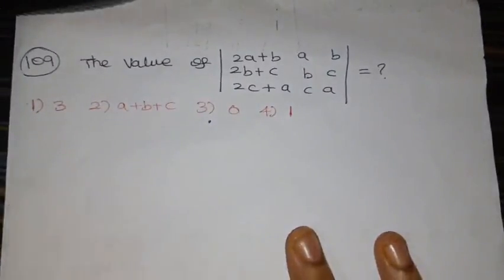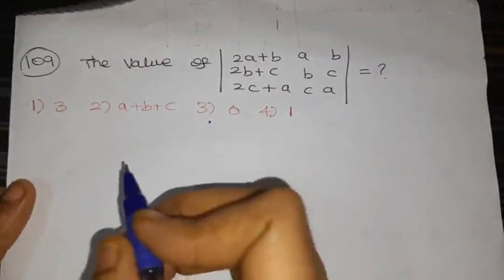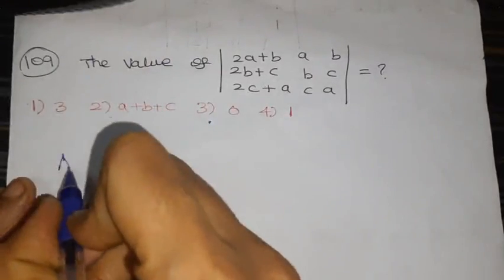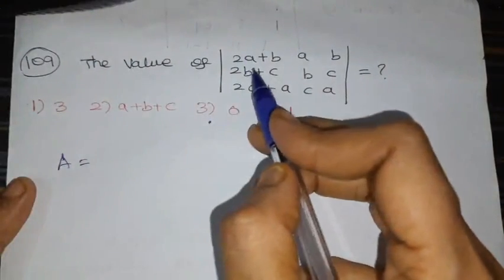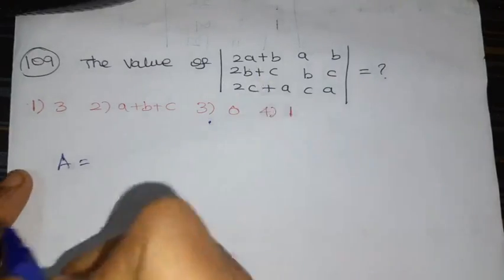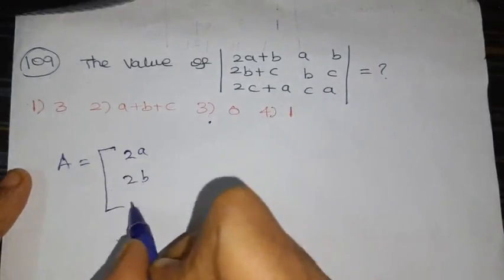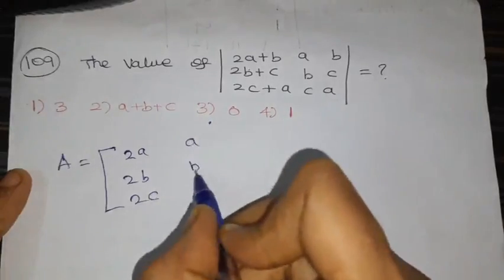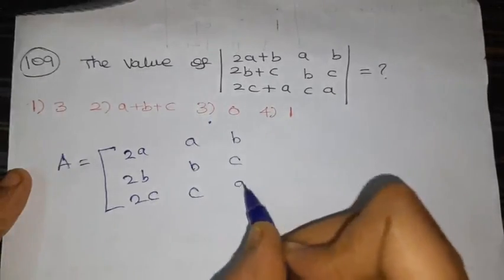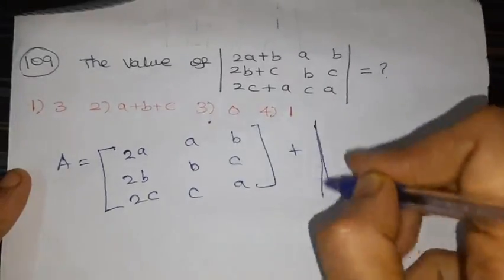Then the next question: we need to find the value of the given matrix. This is the given matrix. We can split it like this: the first row 2a, 2b, 2c is going to split into two matrices, with rows a, b, c and b, c, a.